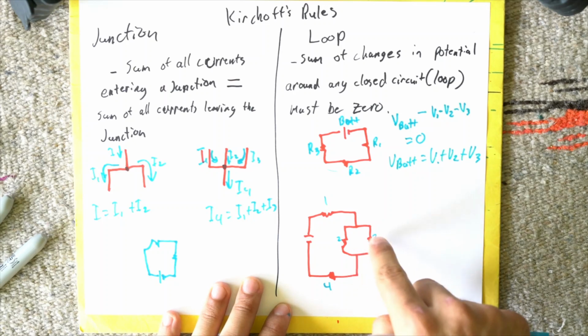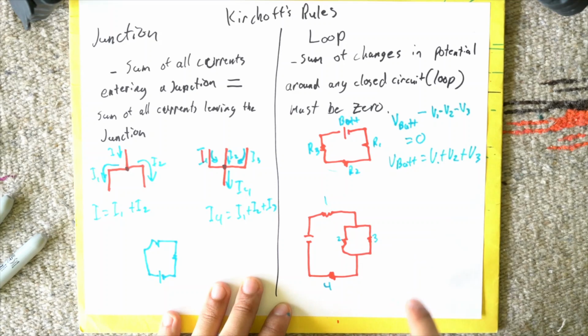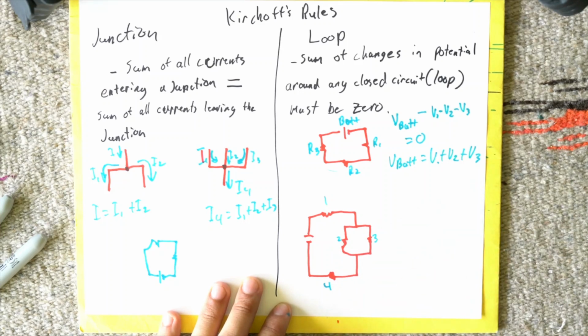But an electron will not see resistor 2 and resistor 3 in one go around. You're either going to see 2 or 3. You're not going to see them both.